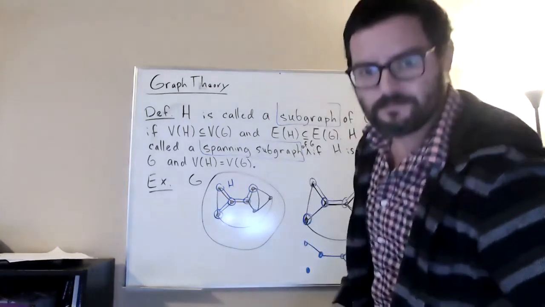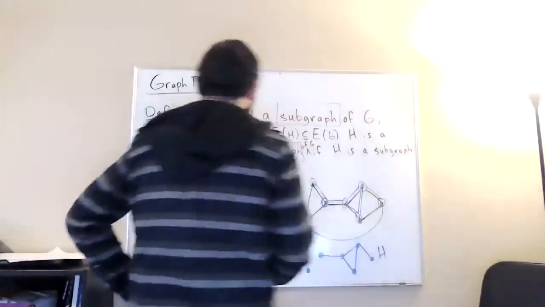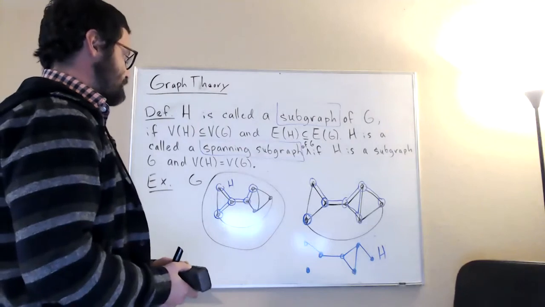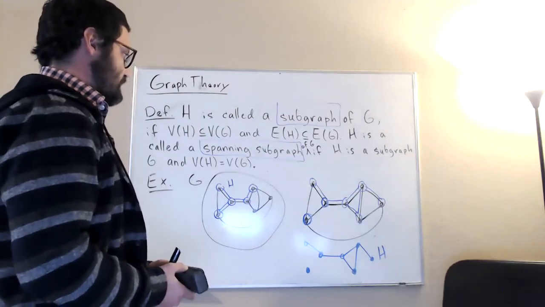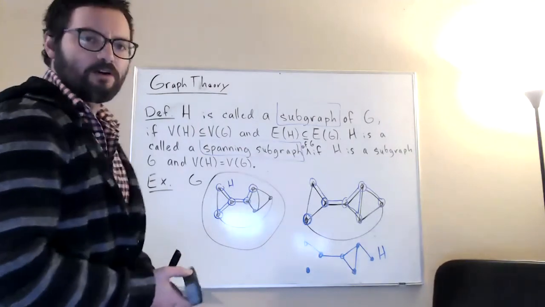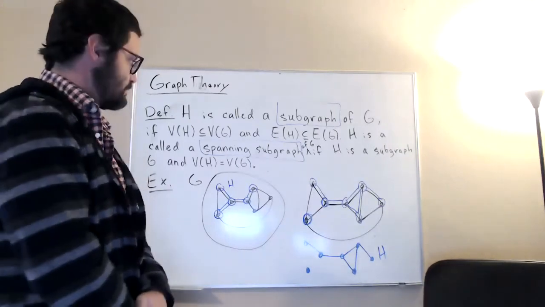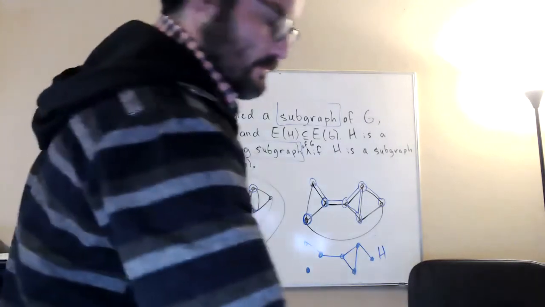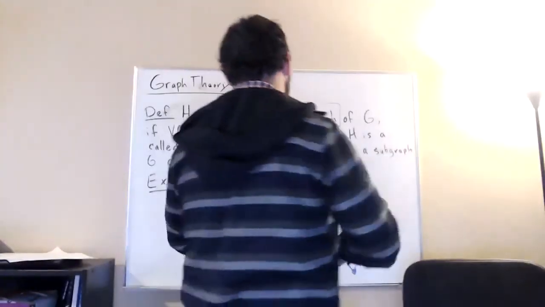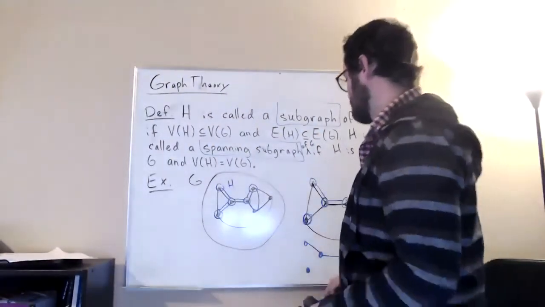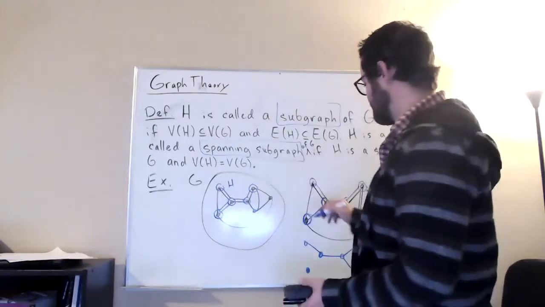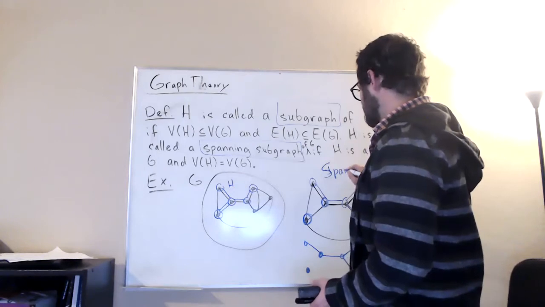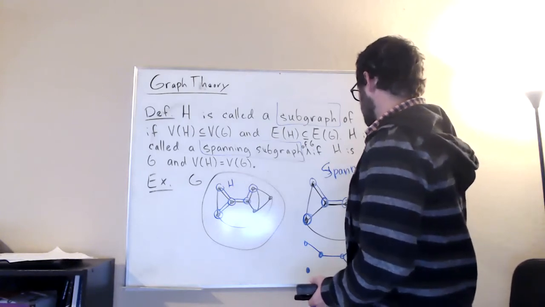It still satisfies the definition of being a spanning subgraph, so it works. So it's a subgraph as long as the vertices are all included within both graphs. What do you mean by all included? As in, if we have 10 vertices in graph G, and H has those same 10 vertices, then can we say they are spanning subgraphs?